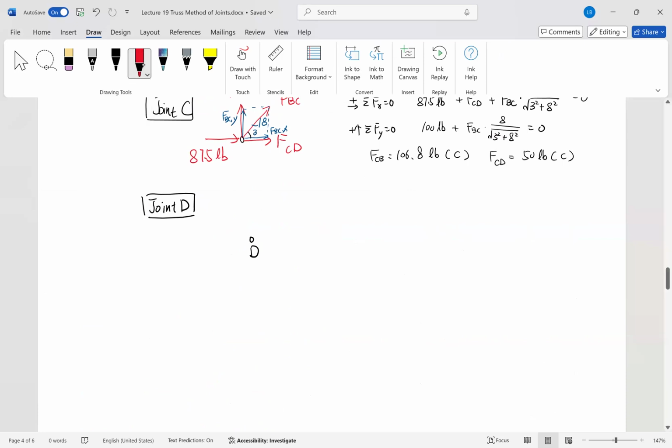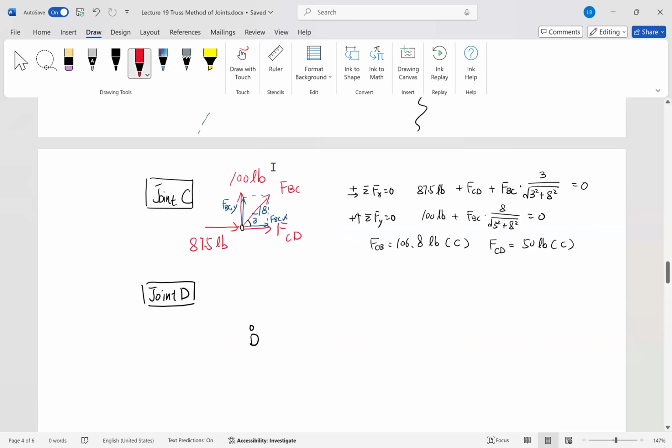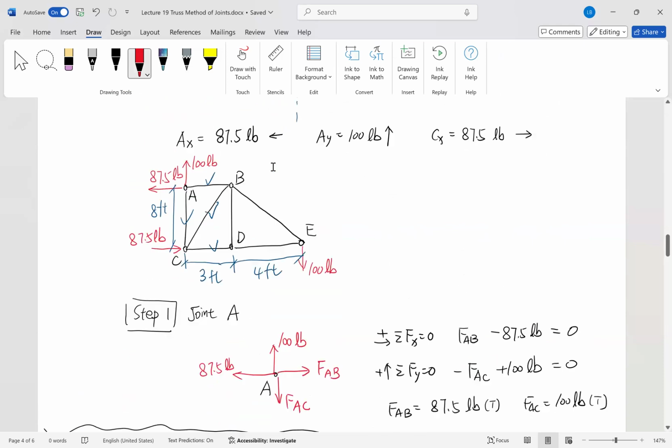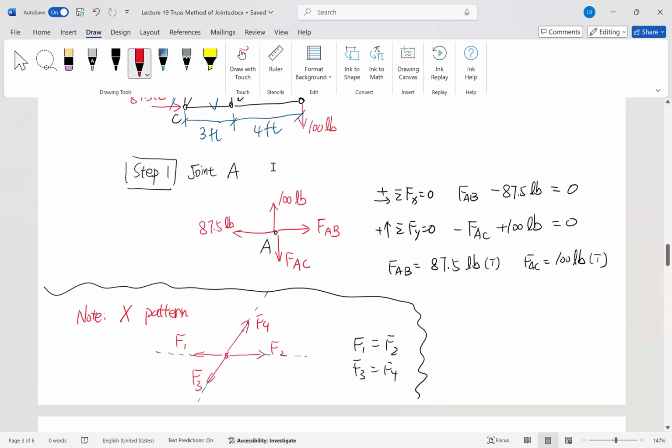That includes the member force at, actually, it should be member CD here, right?